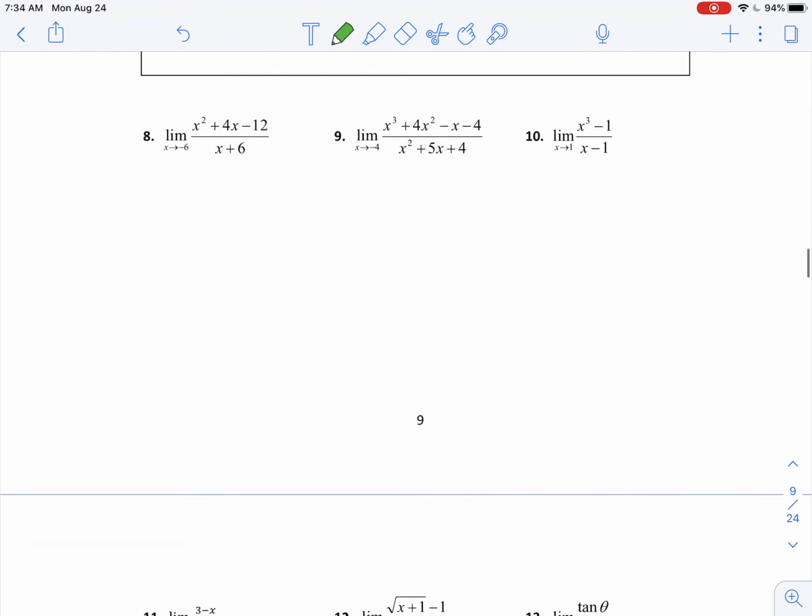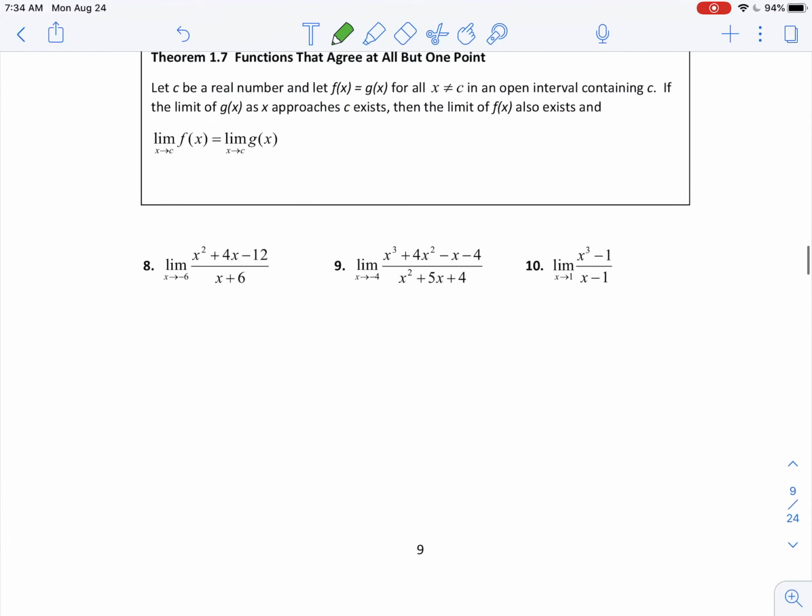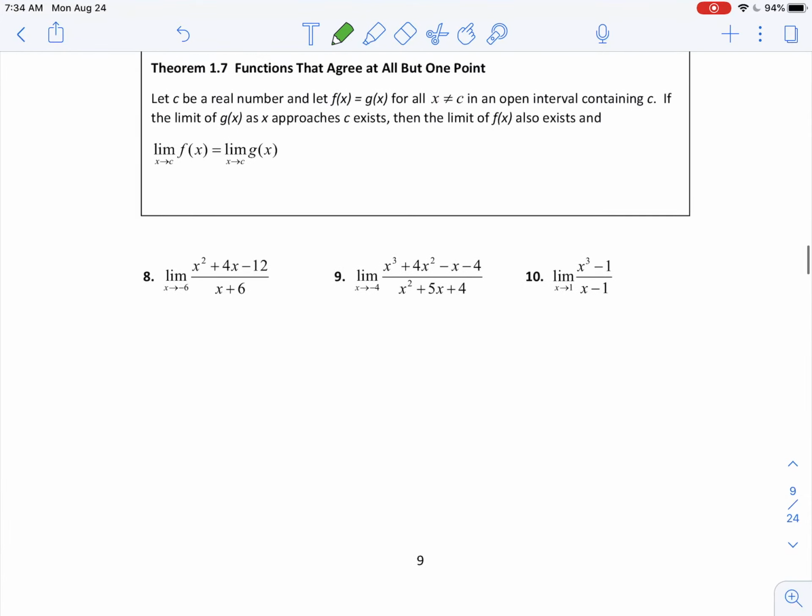All right, here's the big part for this lesson. Functions that agree at all but one point. If we take a look here, this rational expression, x squared plus 4x minus 6 over x plus 6.